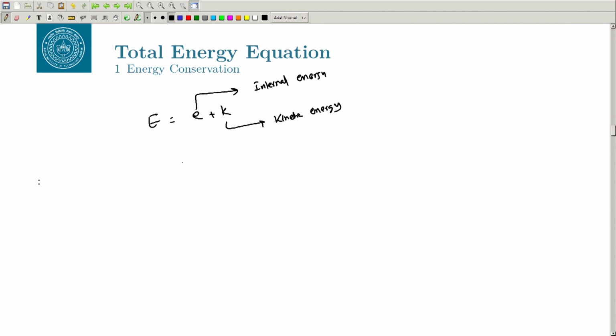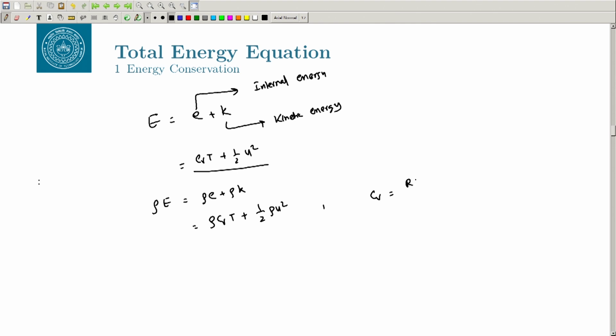And if the fluid that we are taking is assumed to be calorically perfect, then you can write it as C_v T plus half u square. And if you talk about this total energy rho E, that will be rho E plus rho K. This is per unit mass. Now, what I am doing is per unit volume, so this will be rho C_v T plus half rho u square.